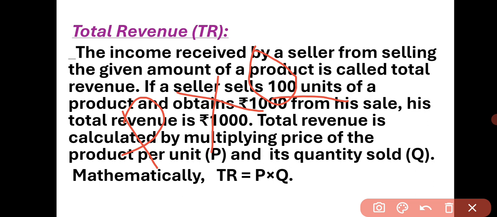So when price per unit is multiplied by the quantity sold, it will give rise to total revenue, or mathematically, total revenue is P into Q, right? For example, if the price of a commodity is 10 rupees and you are selling 100 units of that commodity, what will be your total revenue? 10 into 100, that is equal to 1000 rupees, right? This is what total revenue is.